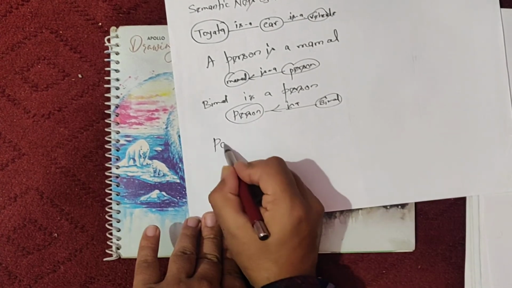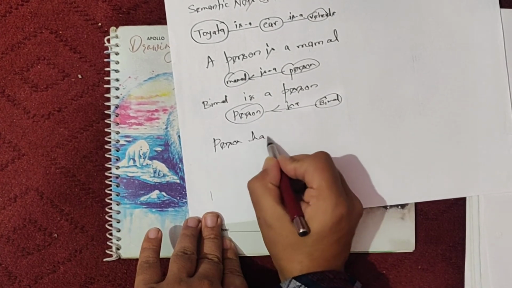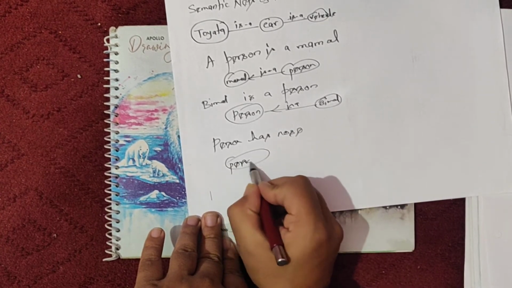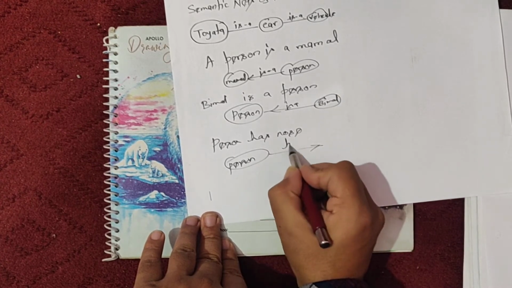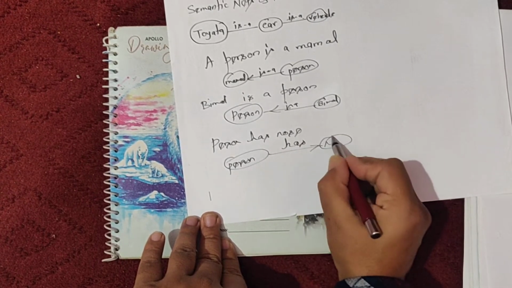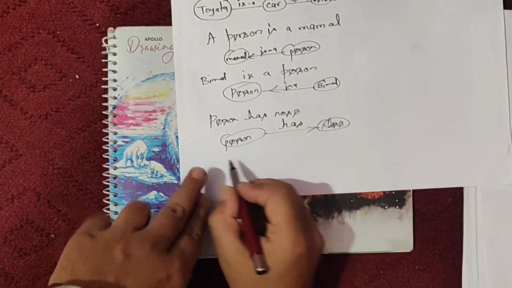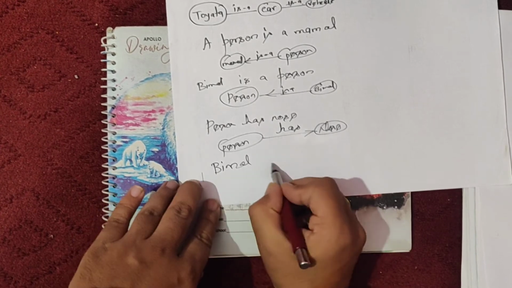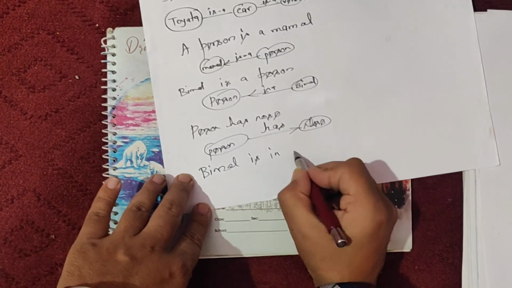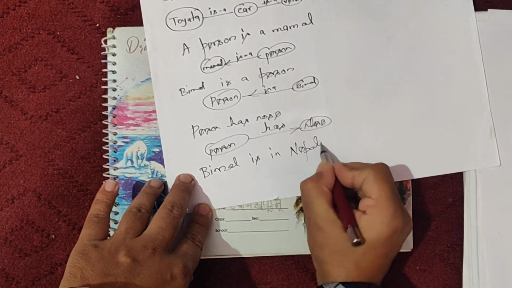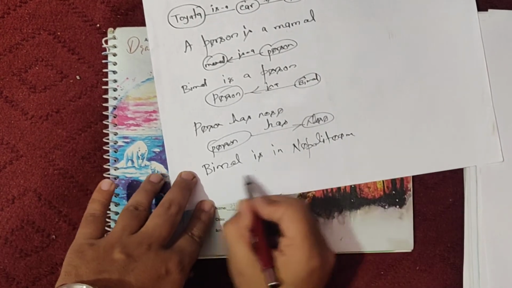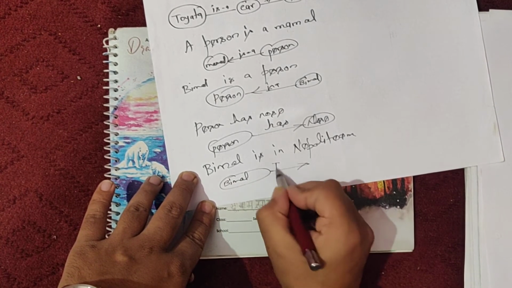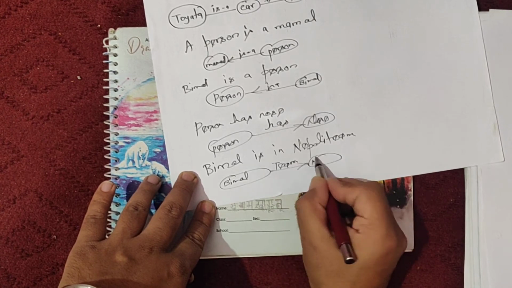Similarly, person has nose. So Bimal is in the Nepali team, so it can be expressed as Bimal team Nepal.